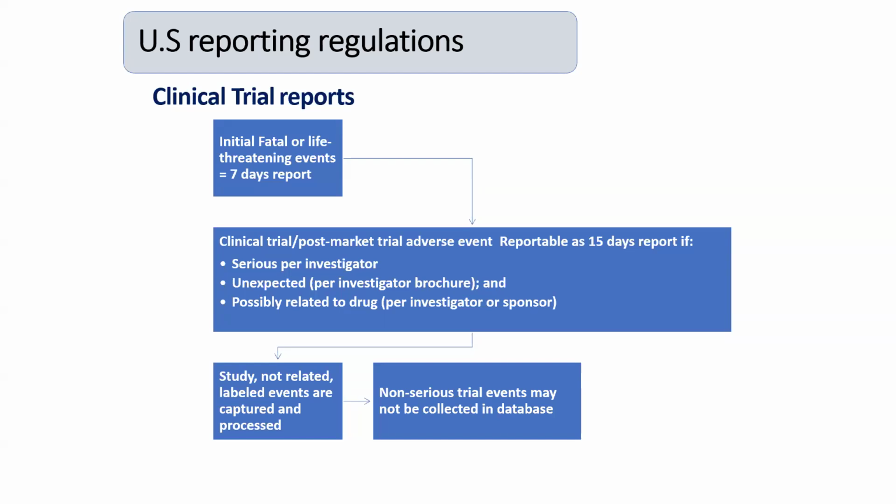It is related to labeledness: study-related or unlabeled events are captured and processed, and non-serious trial events may not be collected in the database because those are non-serious, and we are not bothered about non-serious events because those are part of the aggregate report or PBRER. Right now we are most bothered about the serious ones. Okay, so this is related to clinical trials in the US.